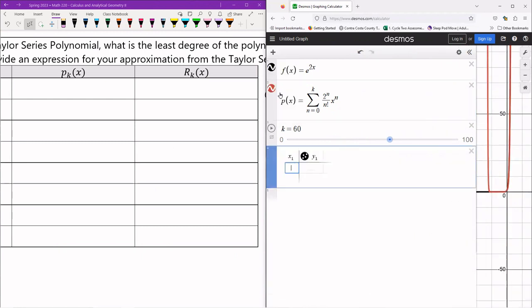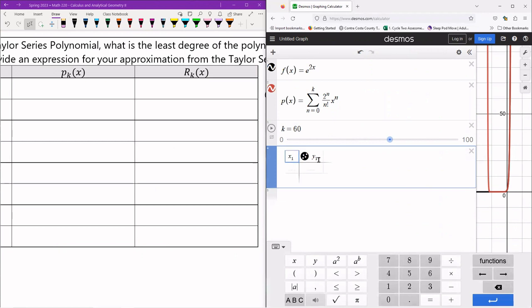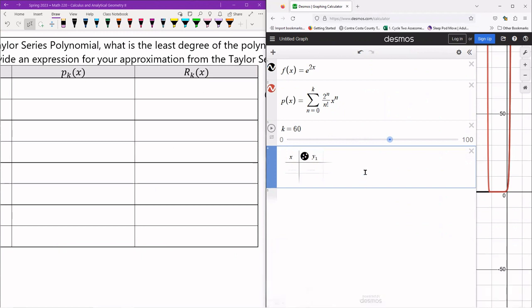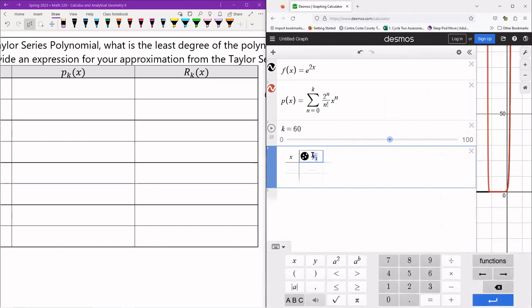I'm going to add in a table. And this is what I want you guys to do as well when you do your second quick check that's about to come up. The x is going to be the second column, my f of x. My p of x is going to be my next column over. And then my r of x is going to be my last column.